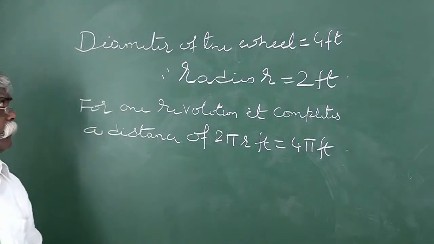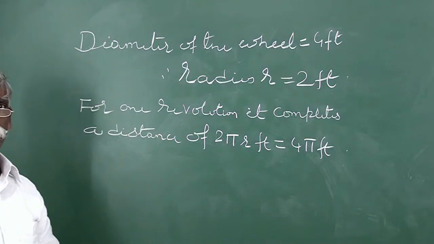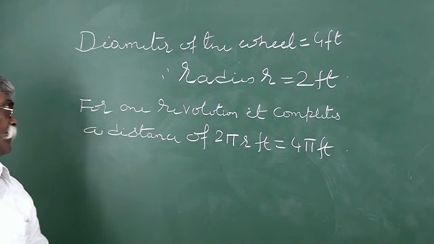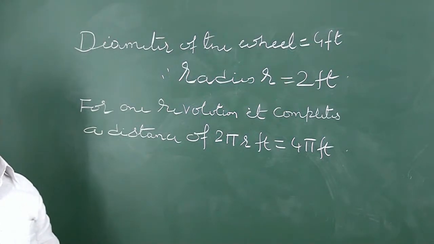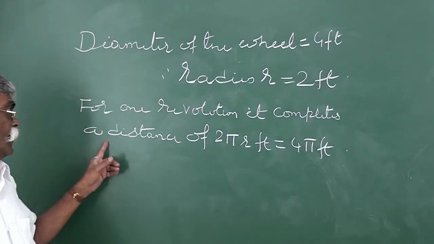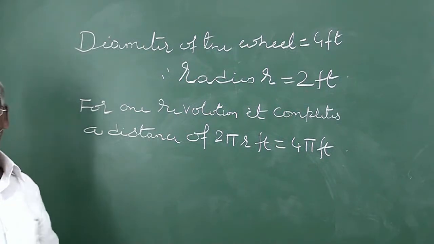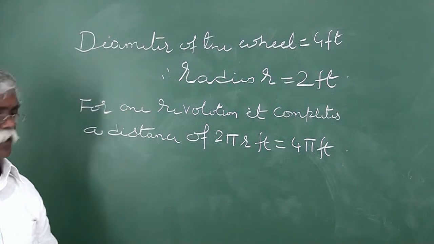That means for one circular path, it travels a distance of 2 pi r feet, and r is given as 2, therefore it is 4 pi feet.